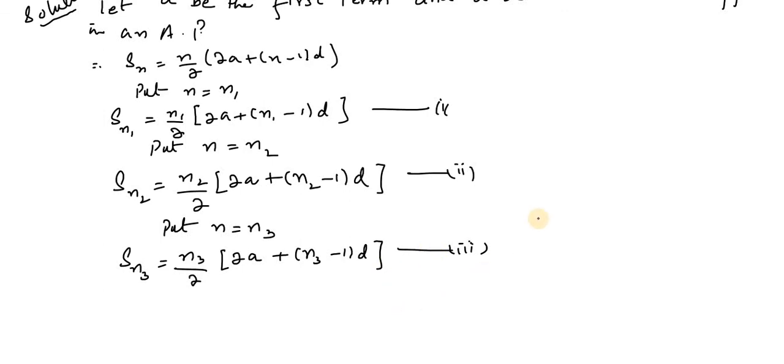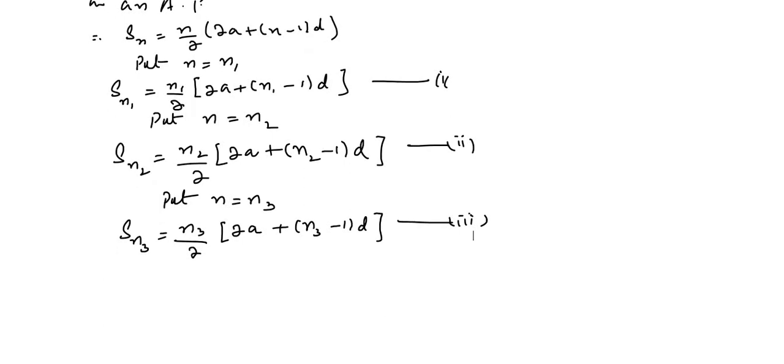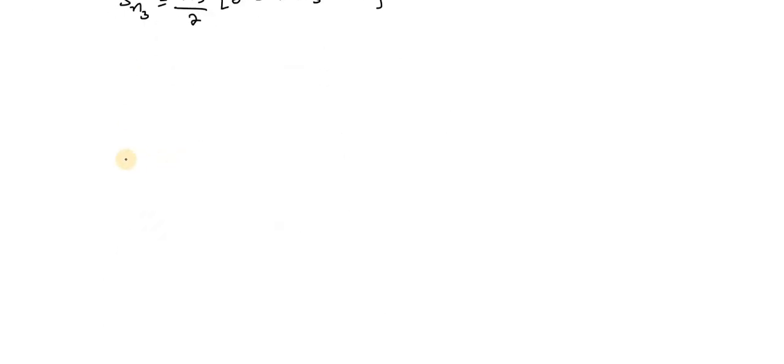From equation number 1, we can write it in this form: S1 upon N1 is equal to (2a plus N1 D minus D) upon 2.